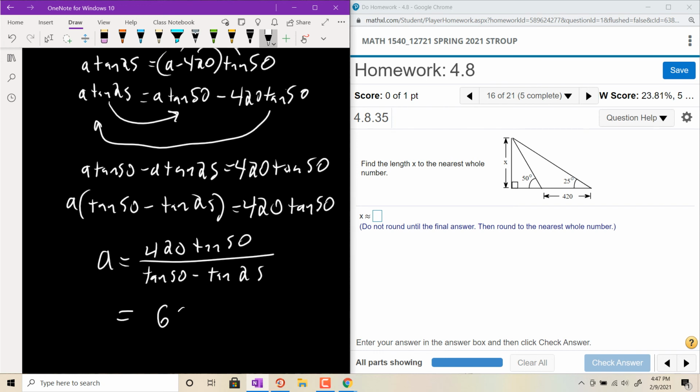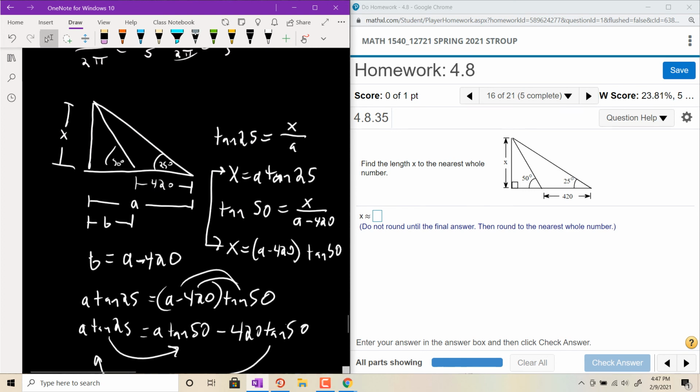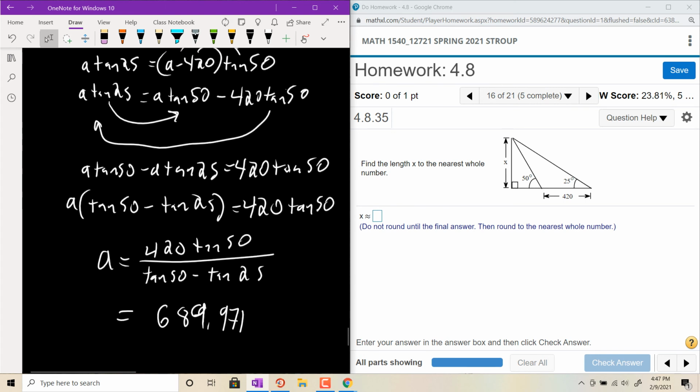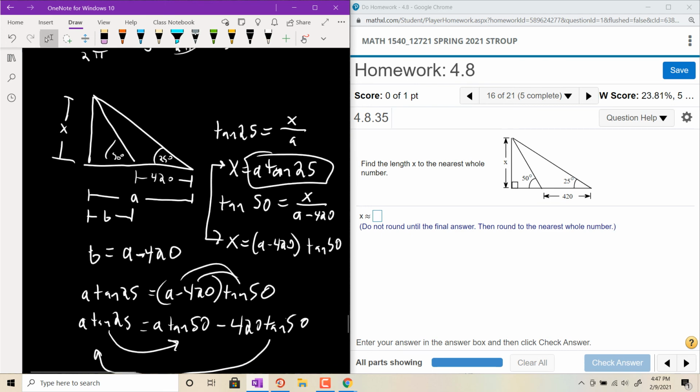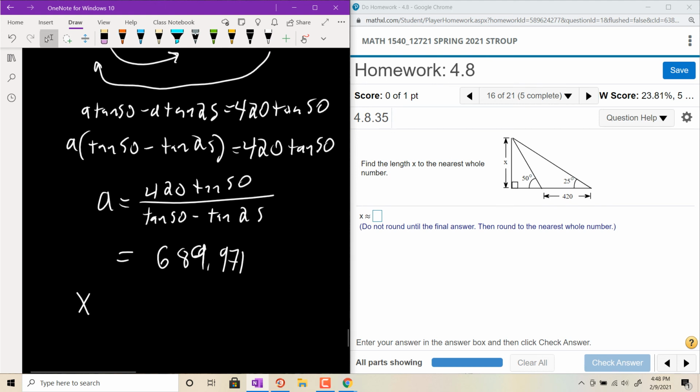So this is about 689.971-ish. And then I guess we can get, did we find A? Yeah, we found A, and then to find X, you could just plug it into this formula. So X is equal to A tan 25. So just multiply that answer you got times tan of 25, and you should be good.